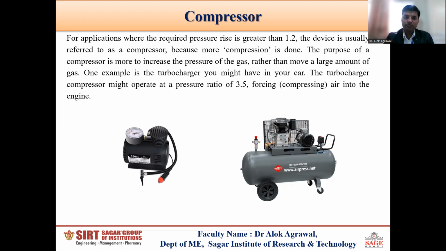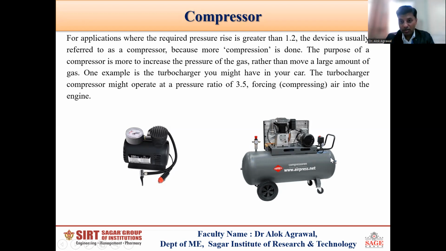The most common example of this compression is the turbocharger, which is generally used in an automobile, or we can say a car. Here, the pressure ratio reaches up to 3.5. It means if the inlet pressure is atmospheric pressure, around 1 bar, the output pressure will be around 3.5. This device is generally used to inflate our tire.